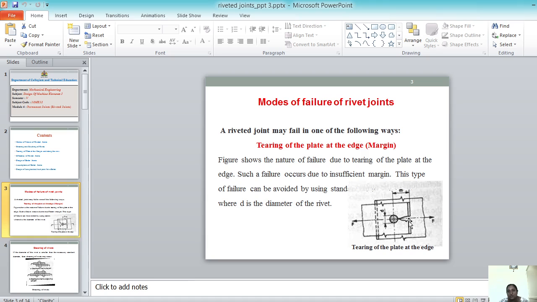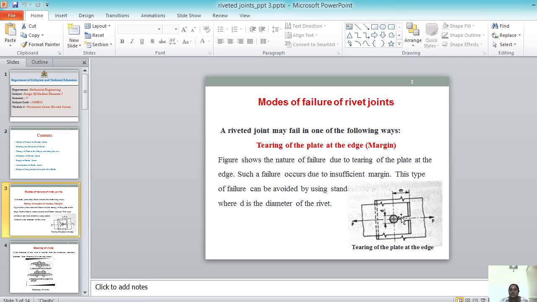Such a failure occurs due to insufficient margin. See the distance between the end and the hole. This tearing of the plate at the edge happens because of insufficient margin. This type of failure can be avoided by using the standard margin, where d is the diameter of the rivet.